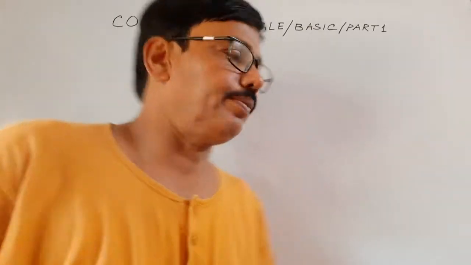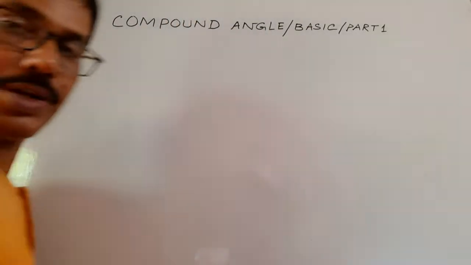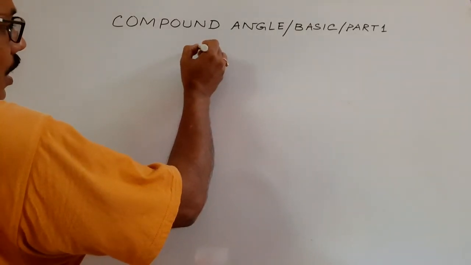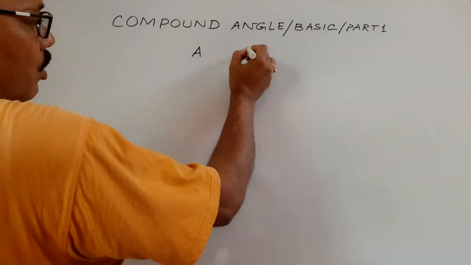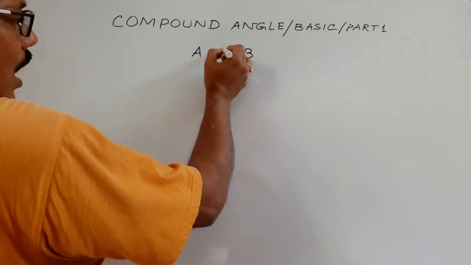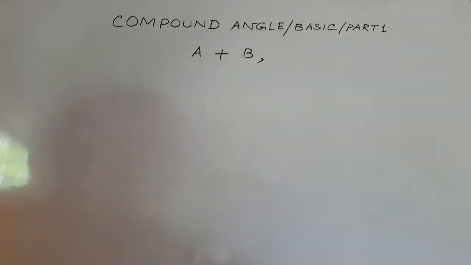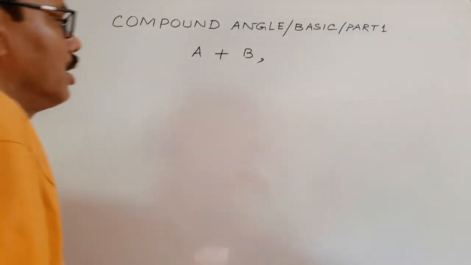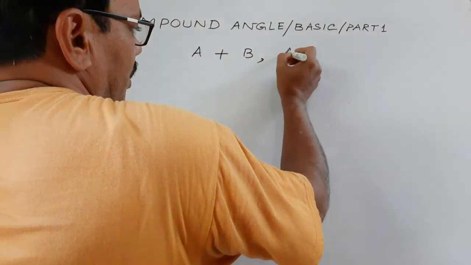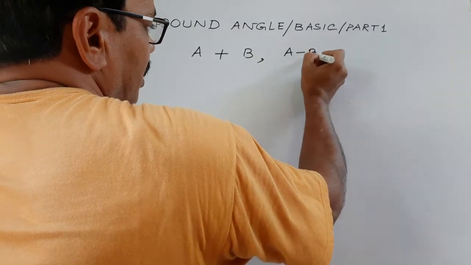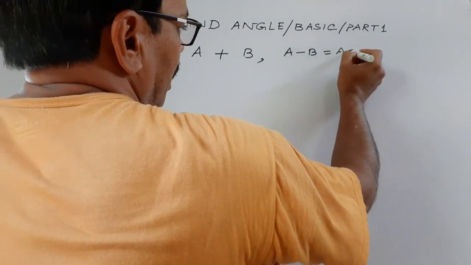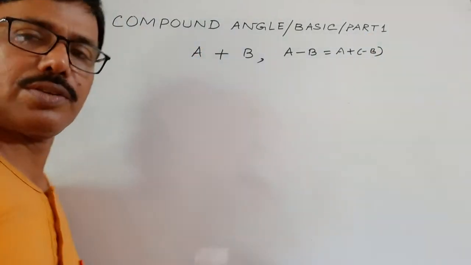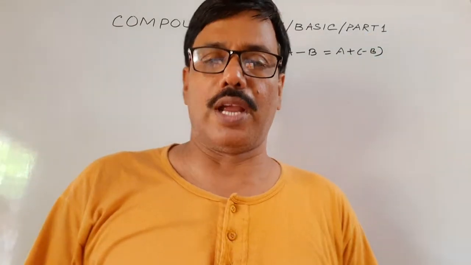So look, in trigonometry angles are denoted by capital letters. So capital A and capital B are two angles. The algebraic sum of A and B is A plus B. A minus B, the algebraic sum, you can write A plus minus B, or you can say difference of two angles.